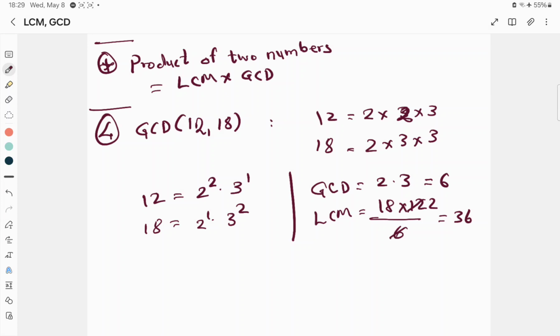Prime factorization is one way of finding the GCD, but there are other faster ways. And once you know the GCD, finding the LCM is straightforward because of our theorem: the product of two numbers is the product of LCM and GCD. So that's about it. Try to prove this important theorem, and then we can discuss it next time. Thank you.